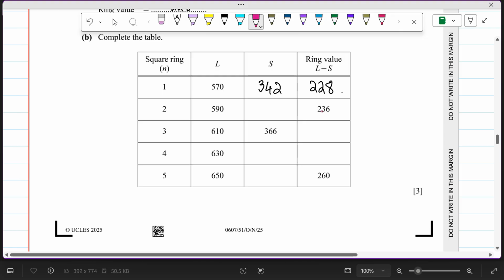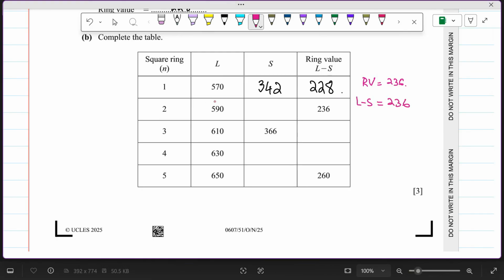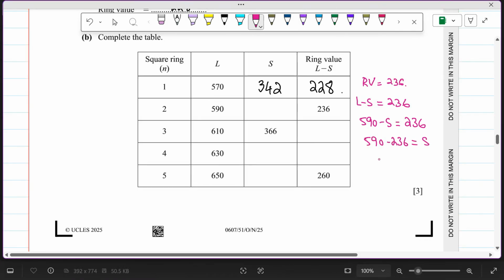The ring value RV is given as 236, and this ring value is equal to L minus S, so 590 minus S is equal to 236. Switching, we have 590 minus 236 equals S. S is equal to 354.